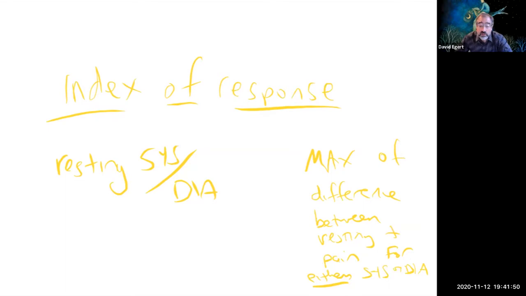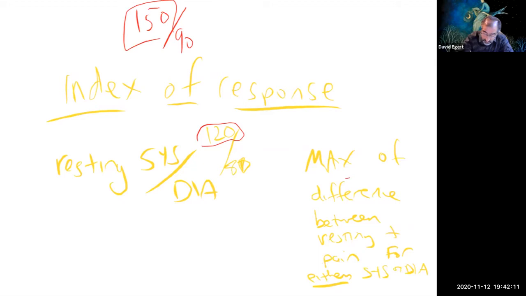So let's say this was 120 over 80. And during their cold pressor test, they went up to 150 over 90. We would say, aha, this is the maximum difference here between these two systolics, that's 30.